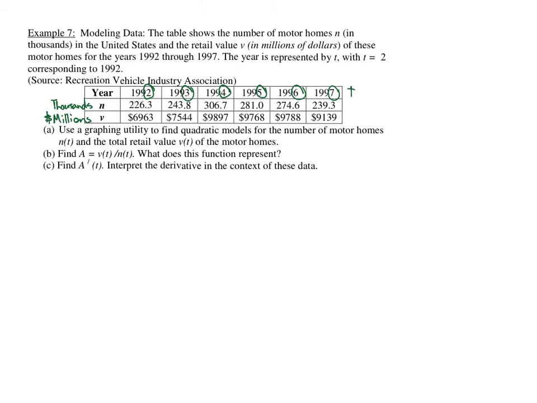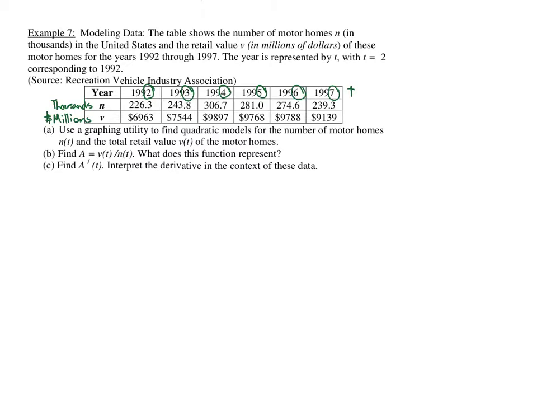Now, this first part can be a little bit challenging. Use a graphing utility to find quadratic models for the number of motorhomes, N of T, and the total retail value, V of T, of the motorhomes. Let's look at the calculator and see what this represents.